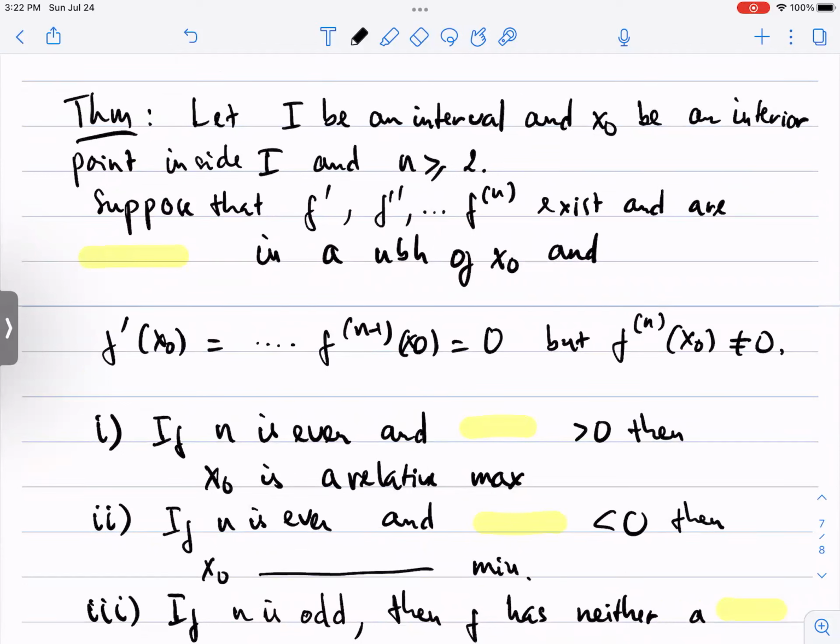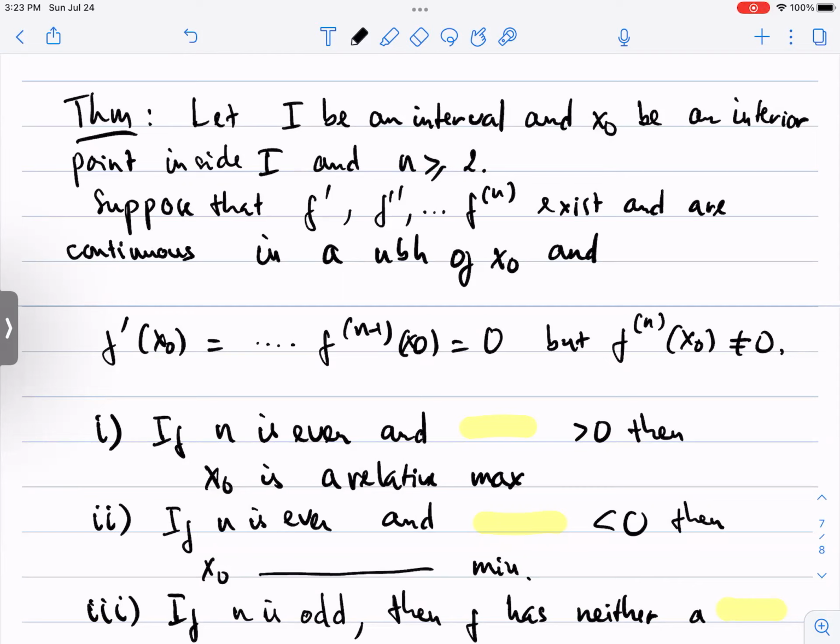Let I be an interval and x0 be an interior point inside I and n greater than or equal to 2. Suppose that f prime, f double prime, dot dot dot up to the n-th derivative of the function f exist and are continuous in a neighborhood of some point x0.